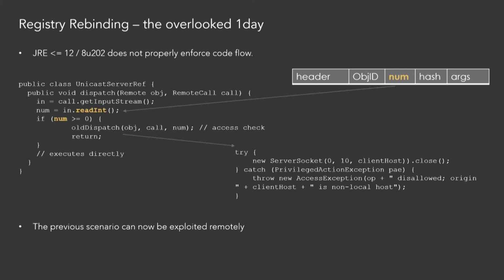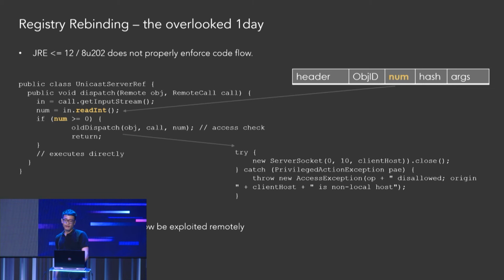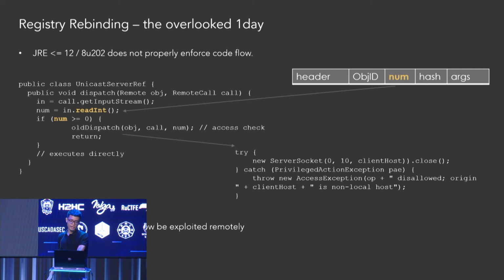There's another overlooked and interesting one-day, meaning a CVE discovered by another researcher. Basically, the dispatcher didn't handle the code flow correctly. If you remember the number field that I talked about in the RMI structure, it will be used here.